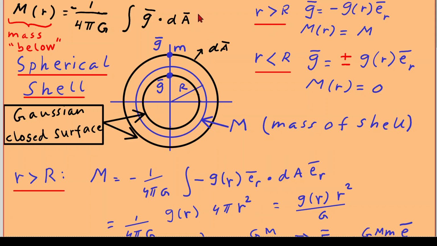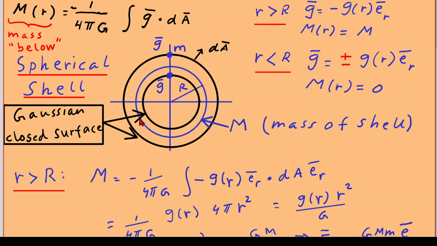And this Gauss way of solving problems is very efficient if the surface is symmetrical, like in the example here, it's a spherical surface. So let's solve the problem for a spherical shell.